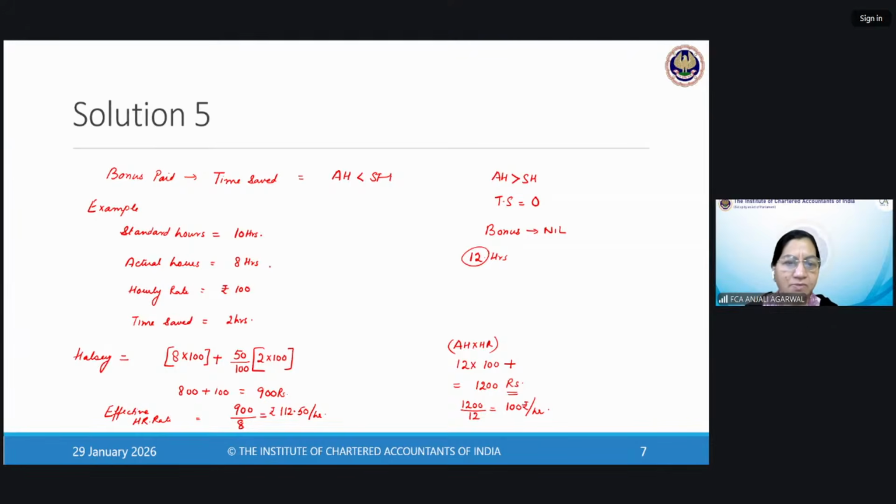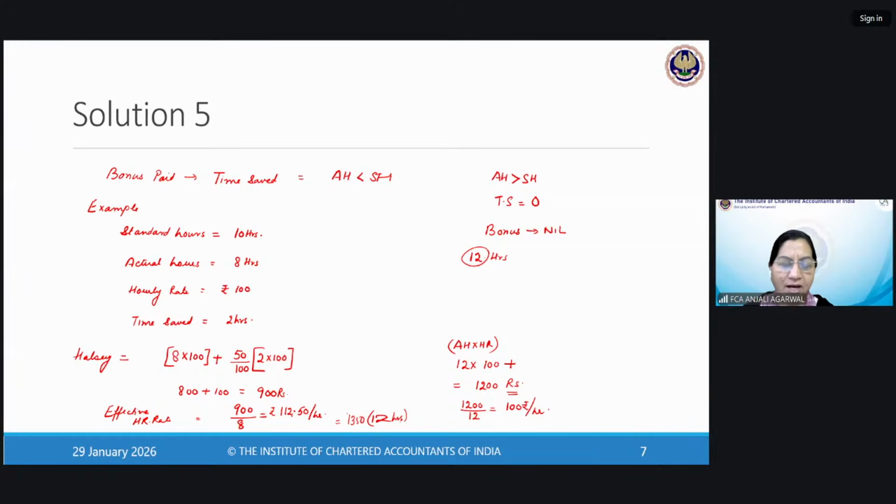So who's stopping this worker to work for not 8 hours but 12 hours? So in another 4 hours, if this worker works for 12 hours at 112.5 into 12, he will end up getting 1350. So his total wages will be higher if this worker worked for 12 hours, right? So don't compare 900 with 1200.